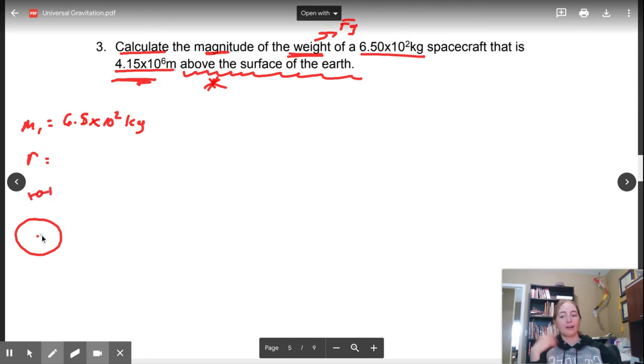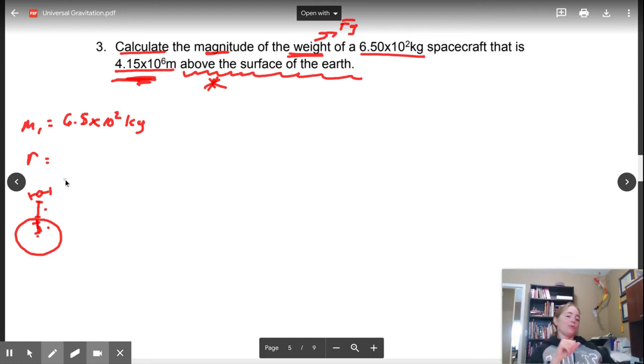We'll make it a TIE fighter because Star Wars. There's the radius of the Earth. There is how far the TIE fighter is above the surface of the Earth. And you need to add this plus this.